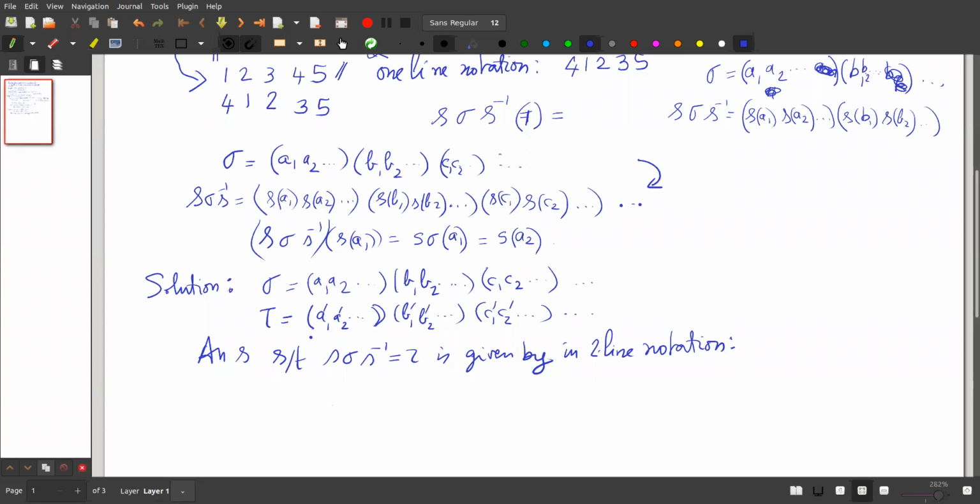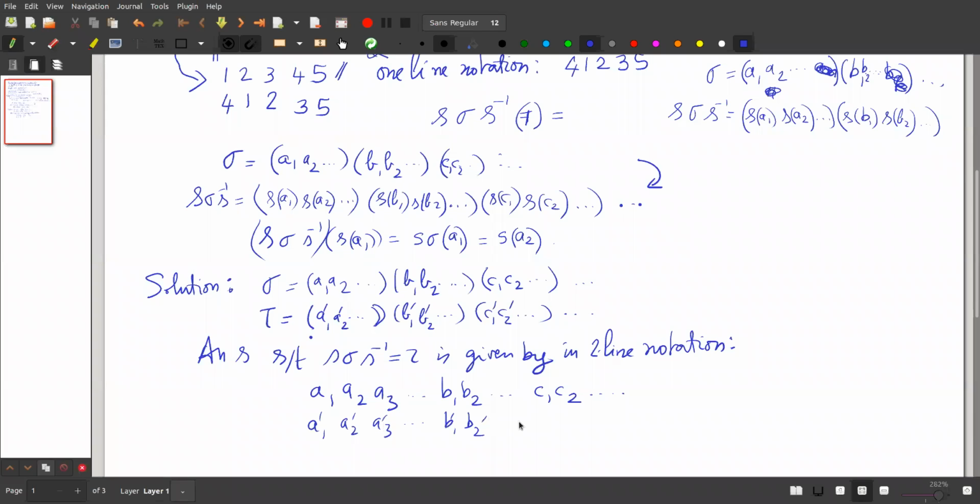So you write A1, A2, A3, ... and then B1, B2, etc., C1, C2, etc., in order, and below that write A1 prime, A2 prime, A3 prime.